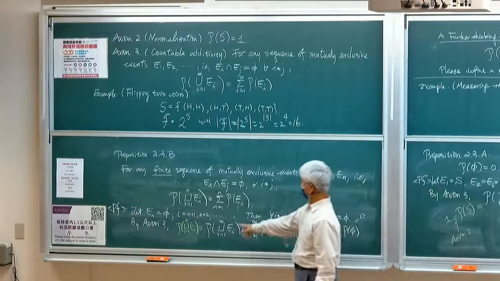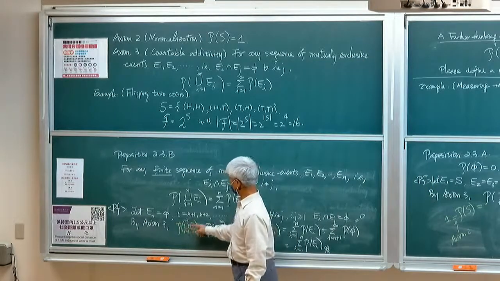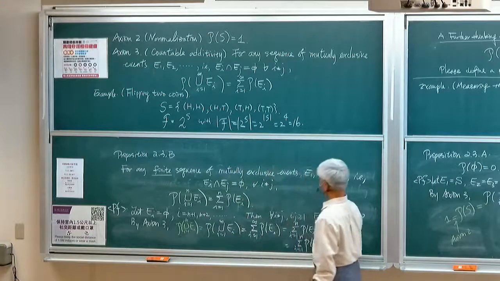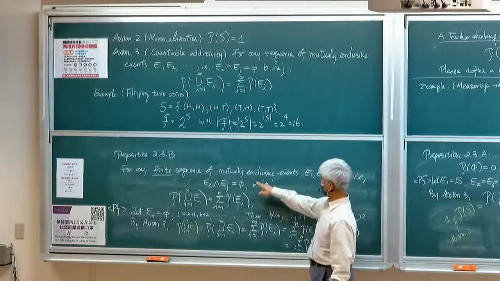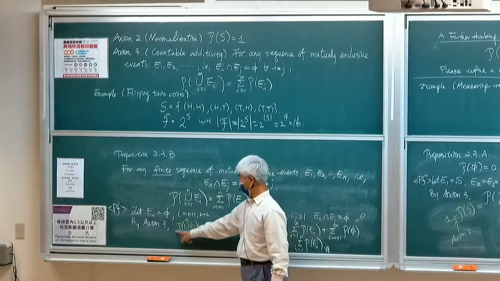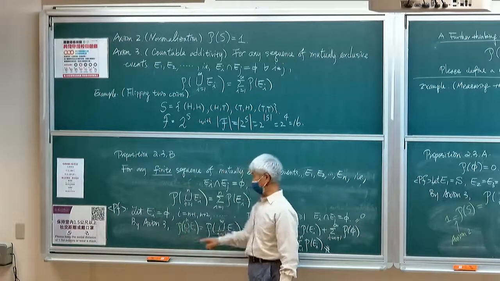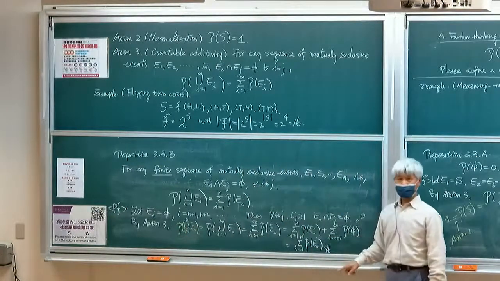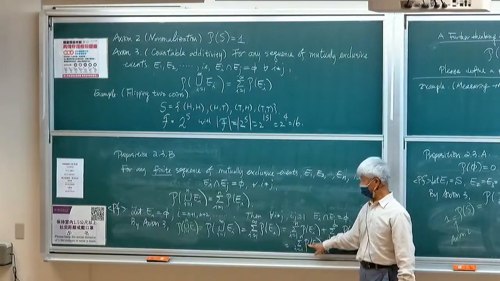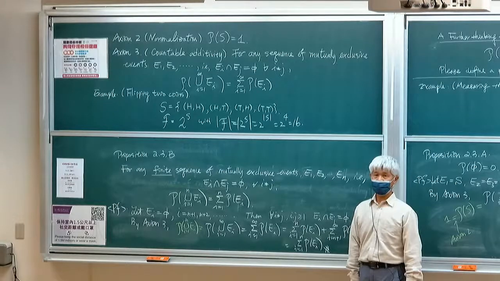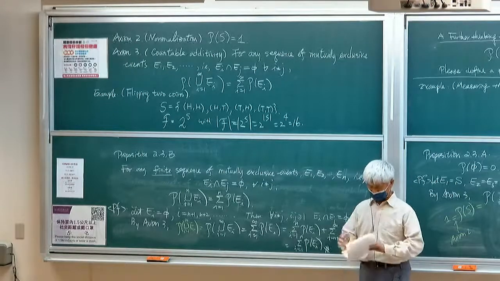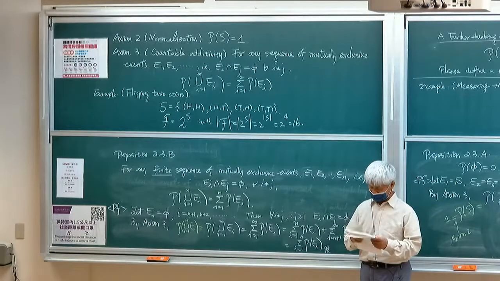So for this finite union of mutually exclusive events, its probability is equal to the finite sum of the probabilities of the individual events. Questions?